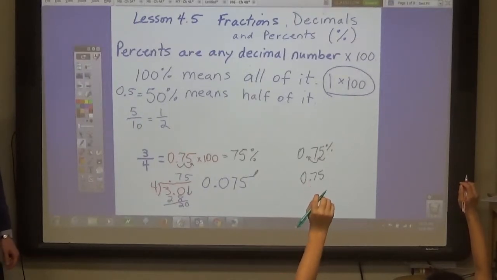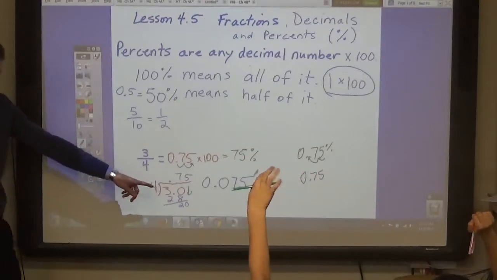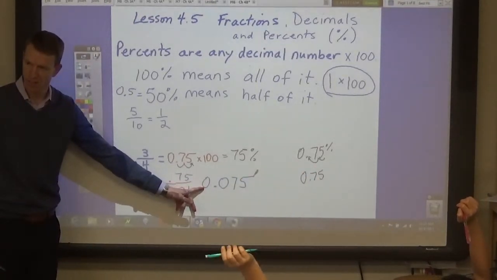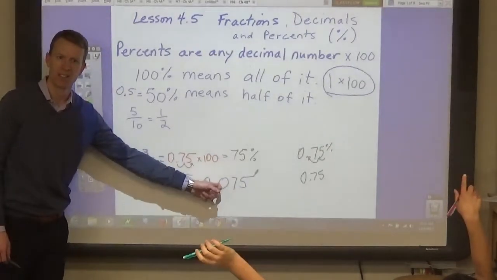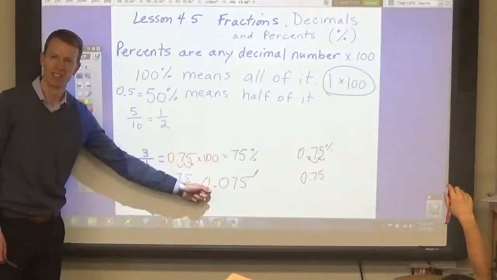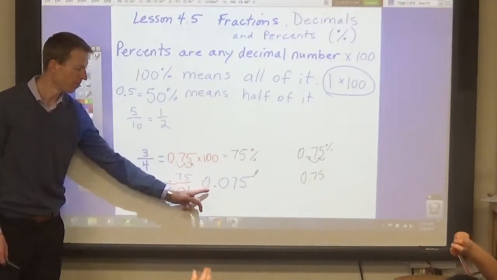If you move the decimal place over 2 places. This one. What would this be as a percent? If you move the decimal place over 2 places. Still waiting for some people to even look up here. What would this be, Josh?